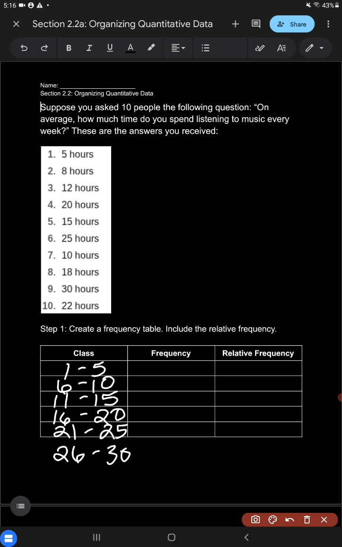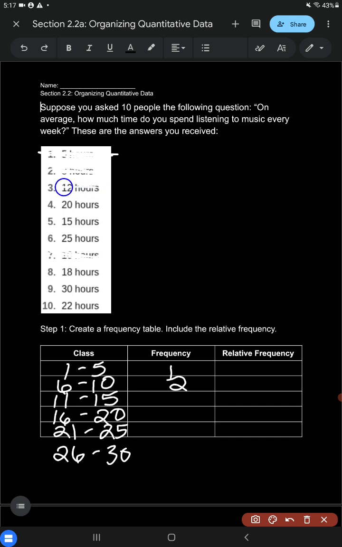So between 1 and 5, I only have one person, and I'm going to mark these out as I go. Okay. Let's see, the next category is 6 through 10. And it looks like I have one person at 8 hours. Here's another person at 10. So 2 people fell in that category. And then let's see, we had 11 to 15.